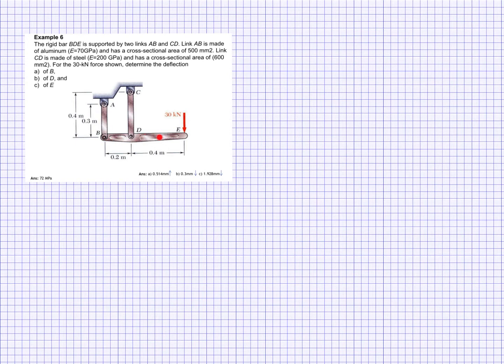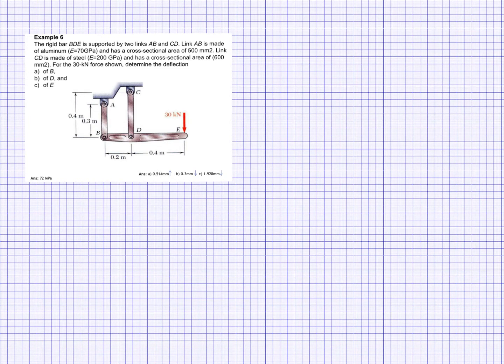here is supported by two links AB and CD. Link AB is made of aluminium with the Young modulus of 70 gigapascal and has a cross-sectional area of 500 millimeter squared. Link CD is made of steel with the Young modulus of 200 gigapascal and has a cross-sectional area of 600 millimeter squared.